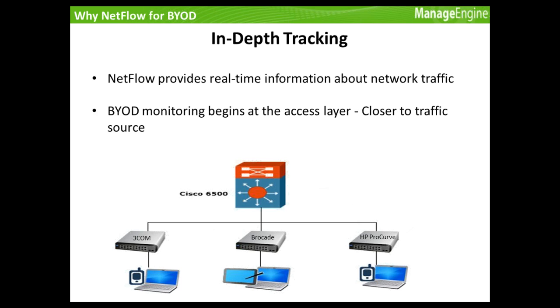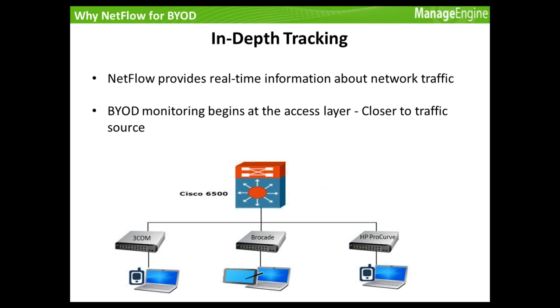In-depth tracking is what you need when you have mobile devices in your network. NetFlow, like I said earlier, provides real-time information about network traffic, like the source and destination, port and protocol, what the conversations were, and all this is updated in real time based on the active and inactive timeout.